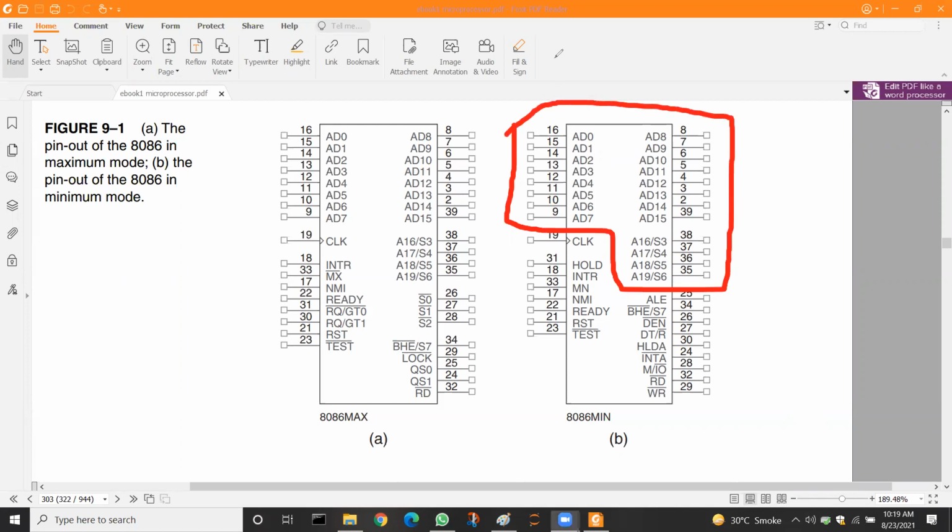So there is multiplexing and demultiplexing. So the pins, the connections are multiplexed. So address and data are multiplexed. Similarly, other signals like status signals are multiplexed. And similarly, we have control signals. And control signals are for different purposes.